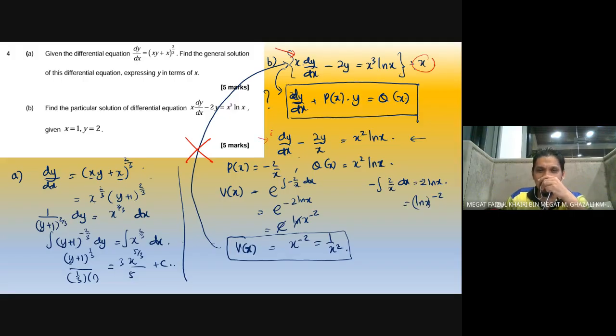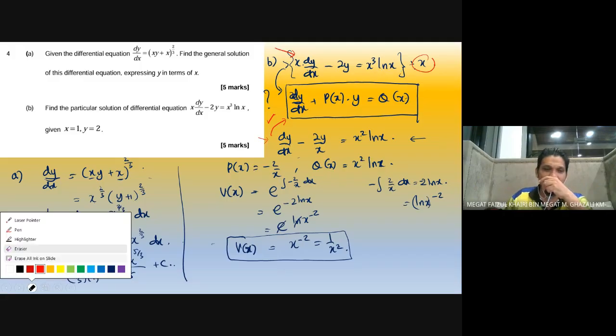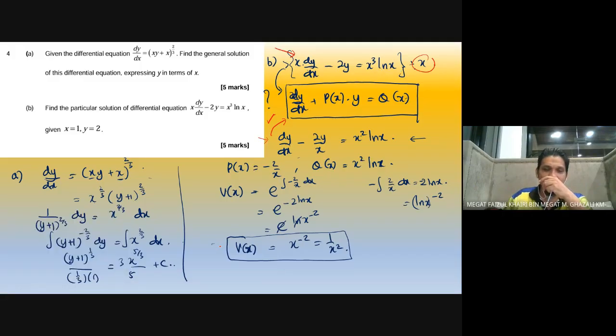This equation is exactly in this form, the equation in the box. So we are not going to multiply this v with the equation from the question here, but then we are going to integrate this with this one.